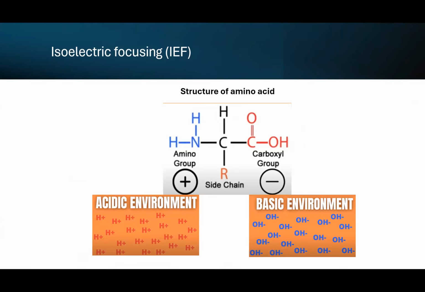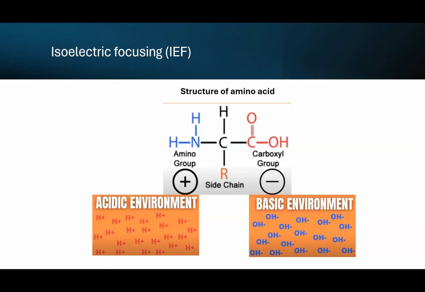So we know amino acids have an amino group, which is a proton acceptor. When it receives a proton, it becomes positive. Amino acids also have a carboxyl group, which is a proton donor, making it negative when it gives away a proton. In a low pH environment, so an acidic environment, there are a lot of free floating protons, so the amino group can easily get one proton and become positive.